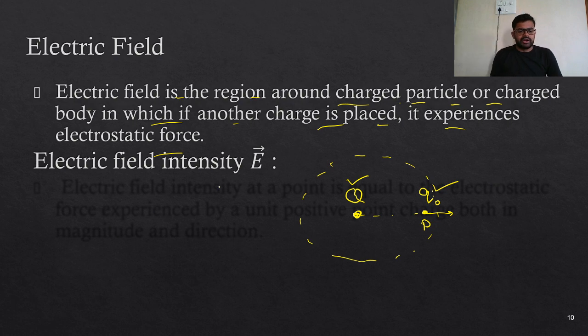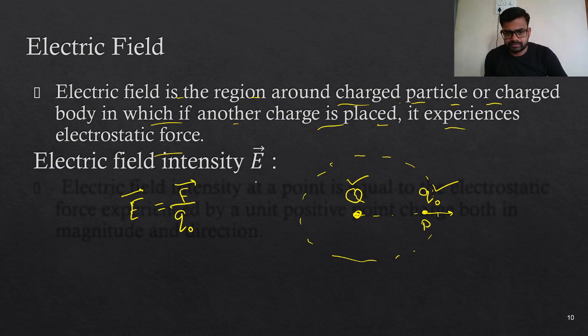Remember, electric field is the electrostatic force experienced by a unit test charge. The force experienced by this Q naught charge is K Q q naught upon r square, you know this formula.